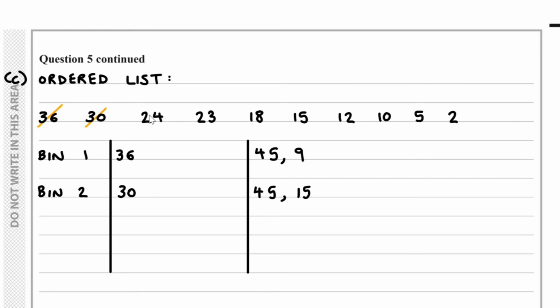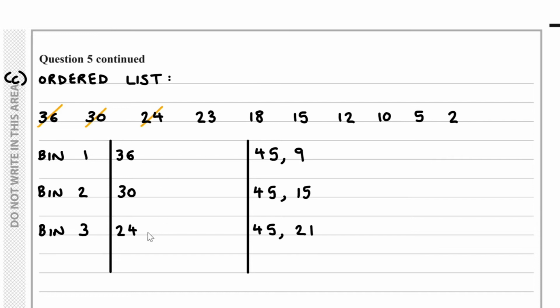Now, I need to place the 24. There's not enough space in bin 1, there's not enough space in bin 2, so I need to open up a new bin, bin 3. It's got space 45. I place the 24 into it, and if I do that, the remaining space will be 21.